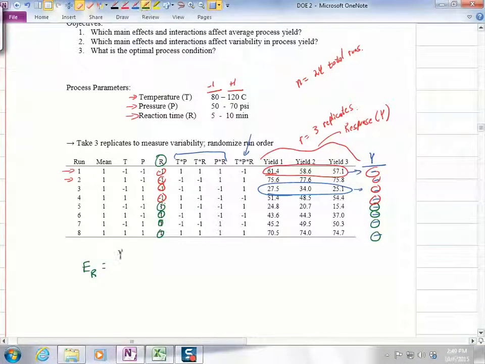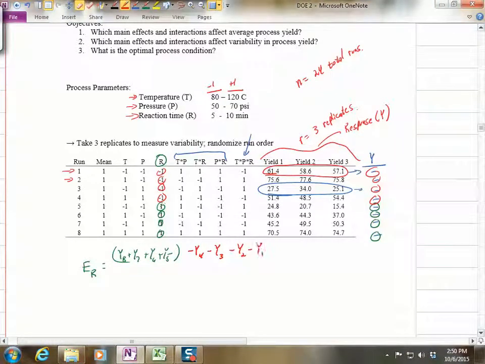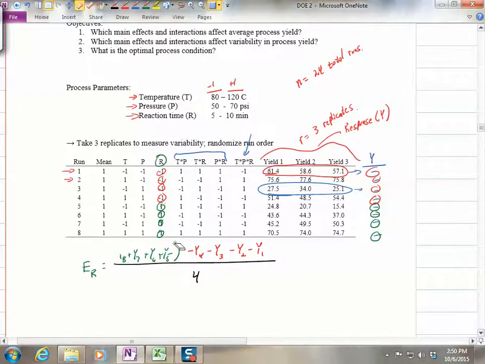So I would say y8 plus y7, I'll write it down, y5 minus y4 plus y. I'll distribute that negative sign, which will make it a little bit easier. I think you guys are all okay with that. Get rid of that parentheses, I don't need it. Okay, is everyone okay that that's the main effect of residence time?